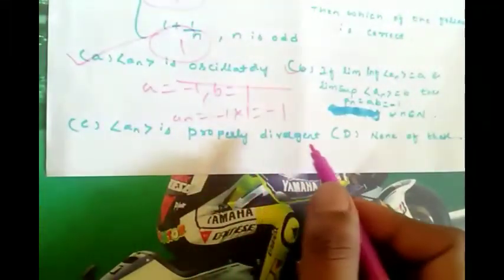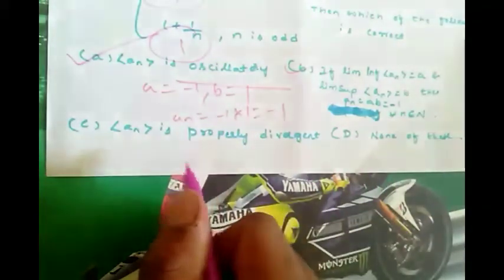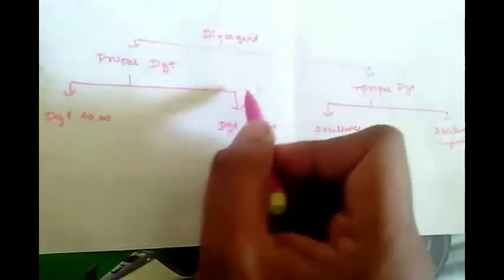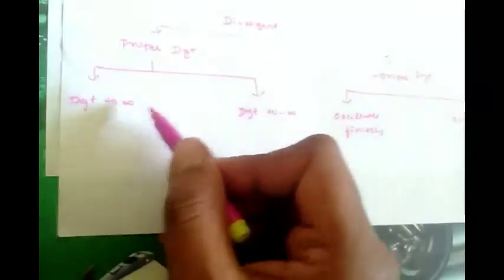And option C says the sequence an is properly divergent. What is properly divergent? Now we have to see the definition of divergent. Divergent is divided into two parts, proper divergent and improper divergent. Proper divergent means it diverges to infinity or diverges to minus infinity.